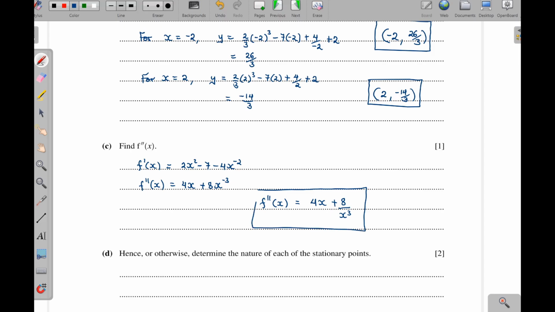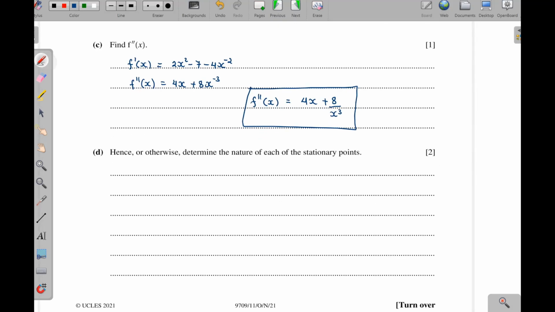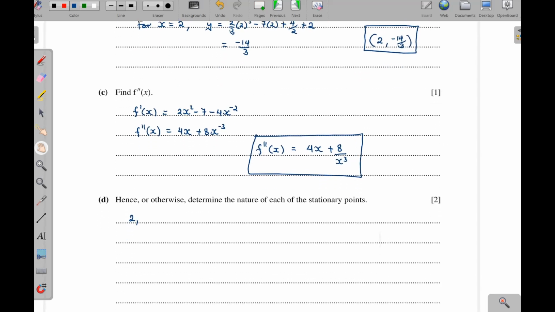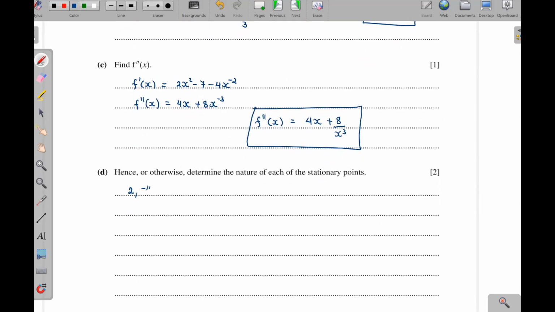That is that. Okay, and then part D, they are saying hence, meaning begin from where you have stopped. Hence or otherwise, determine the nature of the stationary point. So of each of the stationary points. So we have these two: 2, -14 over 3. Now we need to put these in the second derivative here.